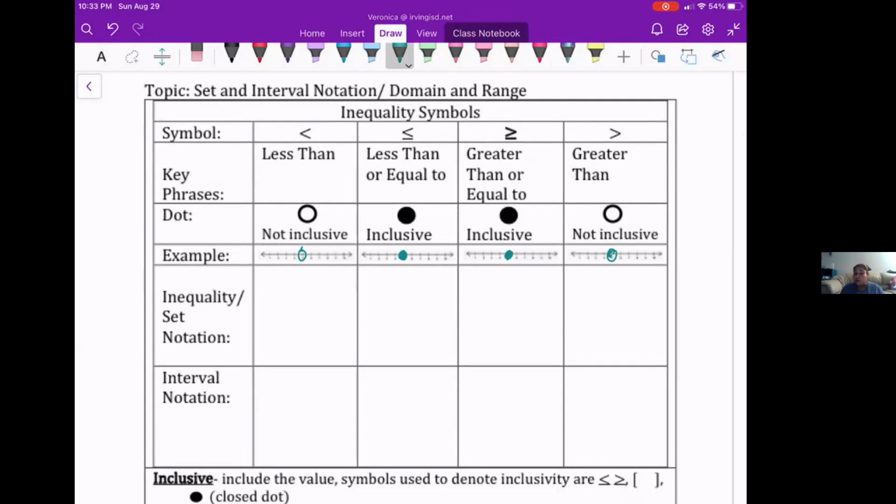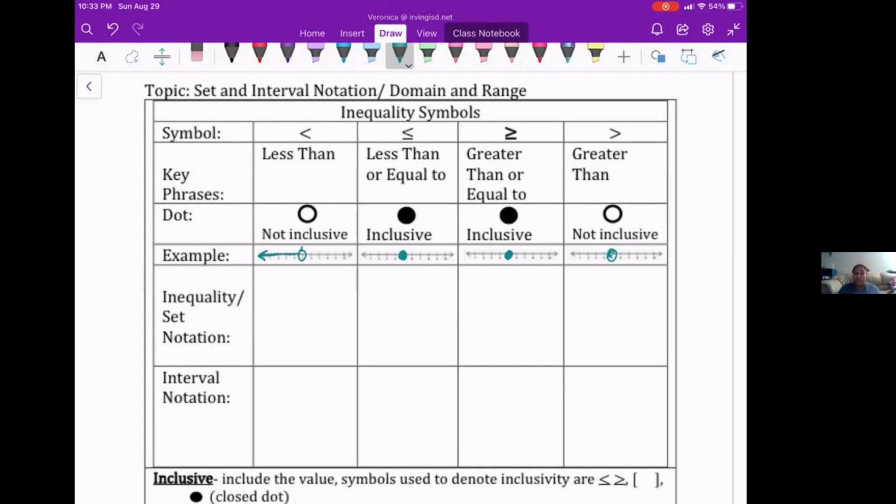Now what we're going to review is inequality set notation. This is what you did in Algebra 1, and what you've been using since middle school. You're used to using the inequality symbols. For this first one, if it's less than, obviously the shading is going to go to the left because all the numbers to the left of the circled open dot are smaller.